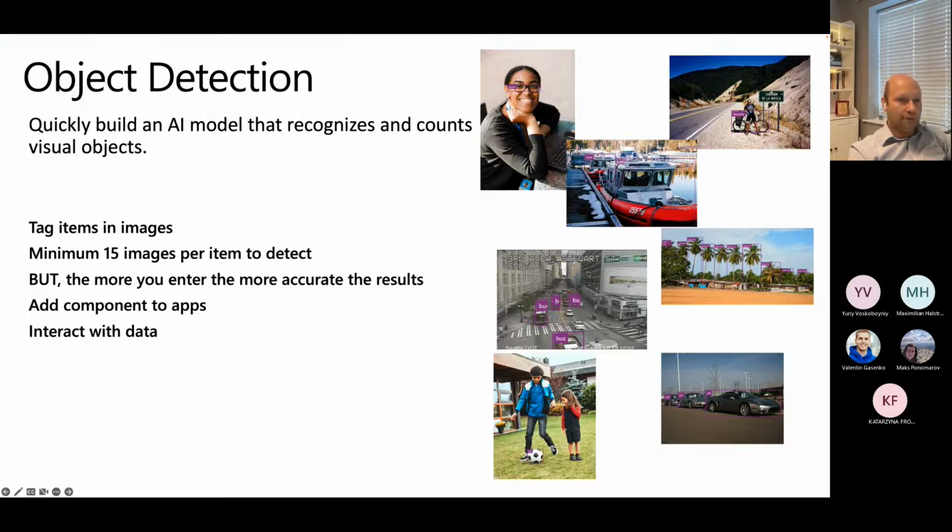What does this mean? For example, if an image has 4 or 5 different items, each item should have at least 15 images. We have to tell the system to identify these items. We have to be very careful working with this, because if you give fewer than 15 images, the system can fail.